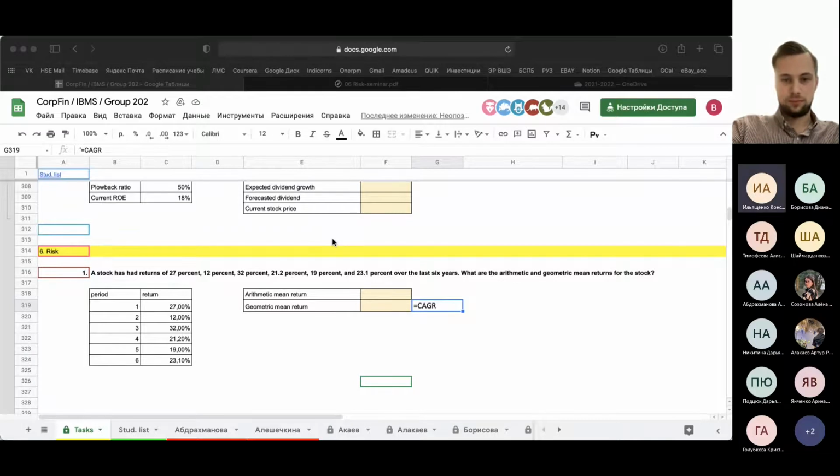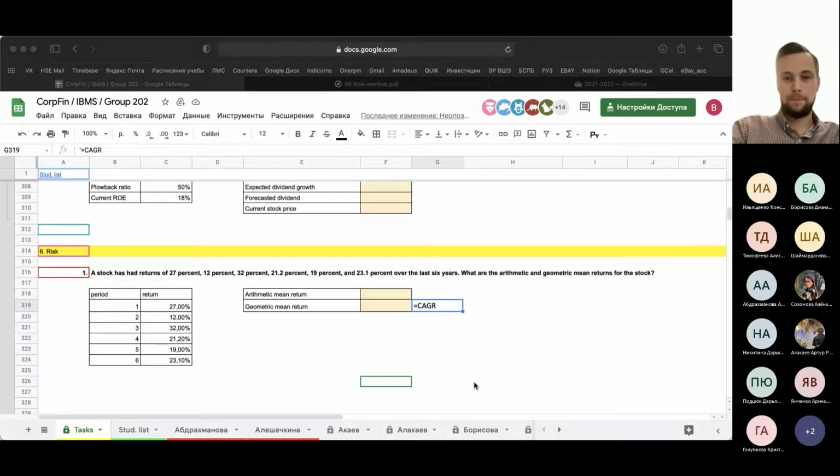Excuse me, may I ask a question? You said that geometric mean return is CAGR, but for CAGR we use prices and not returns. Can we just use geom mean? Yeah, you can. And you should use the geometric mean. But actually it will be equal to CAGR in this case.